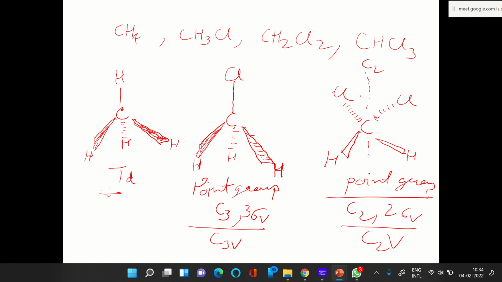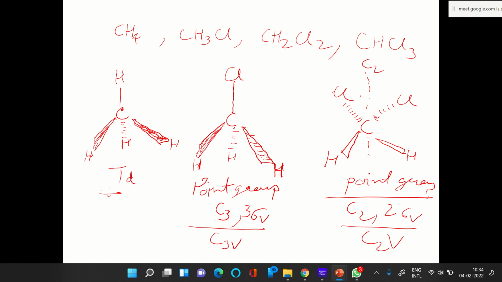You saw that gradually, when we substitute in a tetrahedral geometry, changing the substituents of CH4, we are gradually moving to lower symmetry. When all the substituents are different, then it becomes C1, absolutely no symmetry.